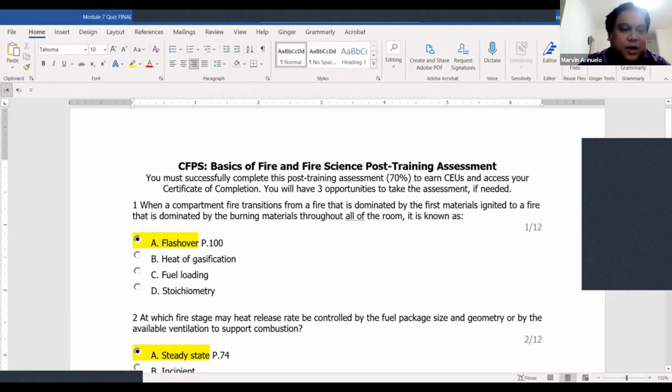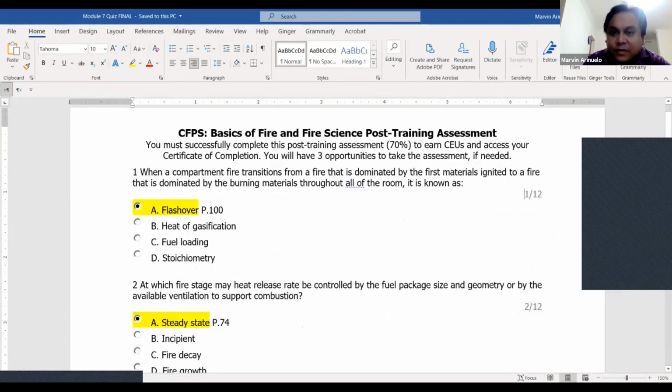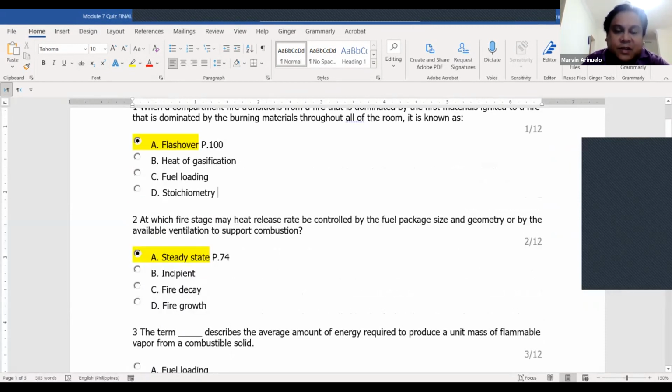When a compartment fire transitions from a fire dominated by the first material ignited to a fire dominated by the burning material throughout the room, we call it flashover, page 100 of your handout material. The fire stage where heat release rate is controlled by the fuel package size and geometry or by the available ventilation to support combustion, we call it steady state.